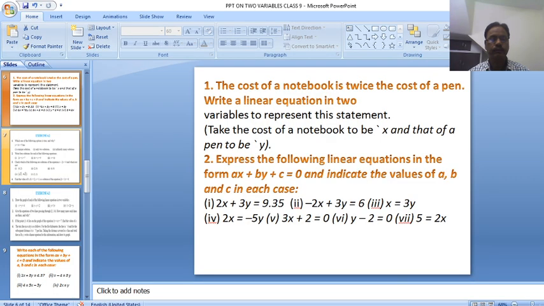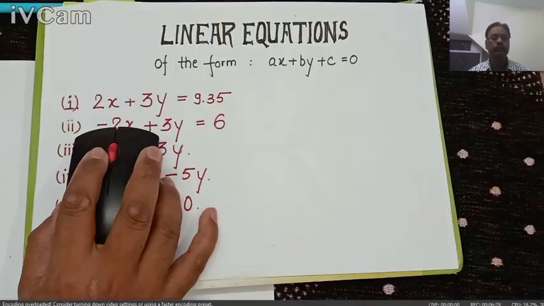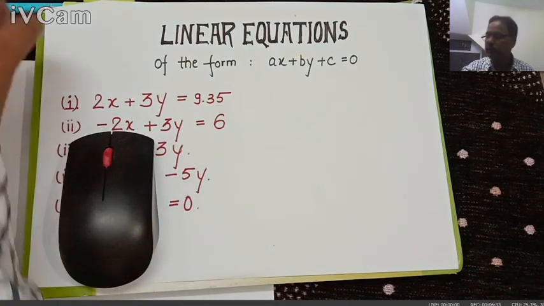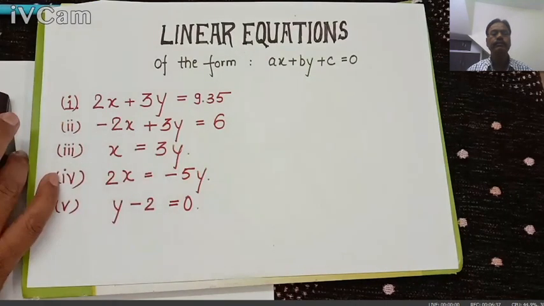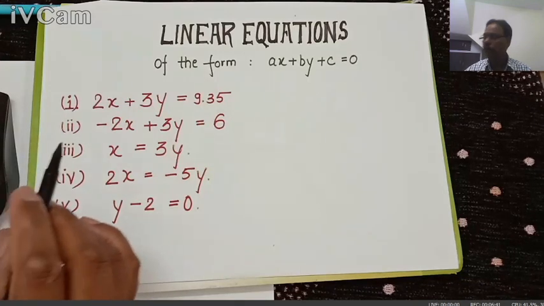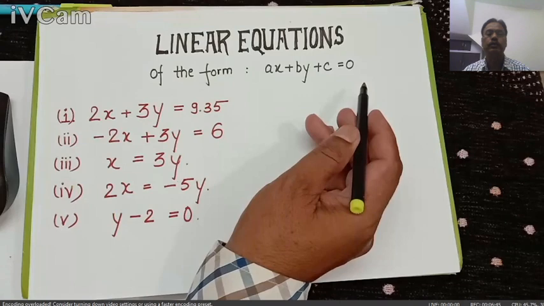Now let us learn how we write the linear equations in this form, linear equations of the form ax plus by plus c equal to 0.